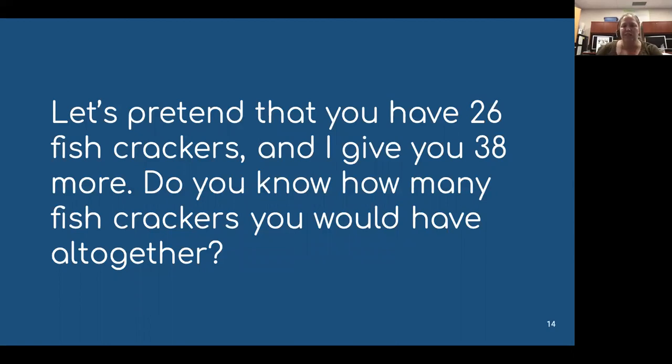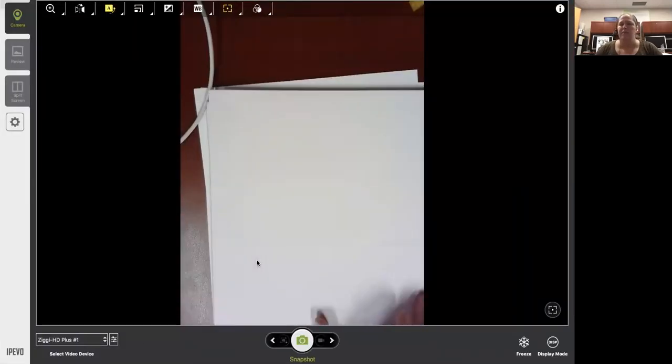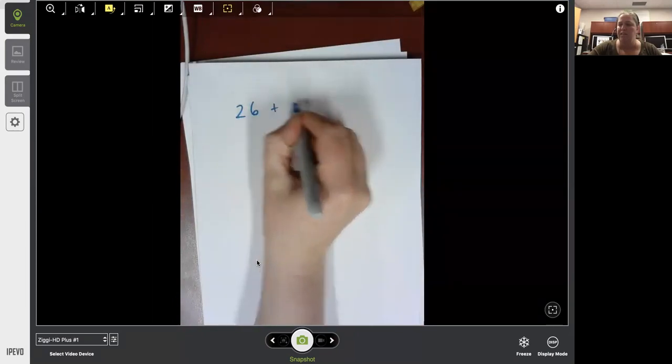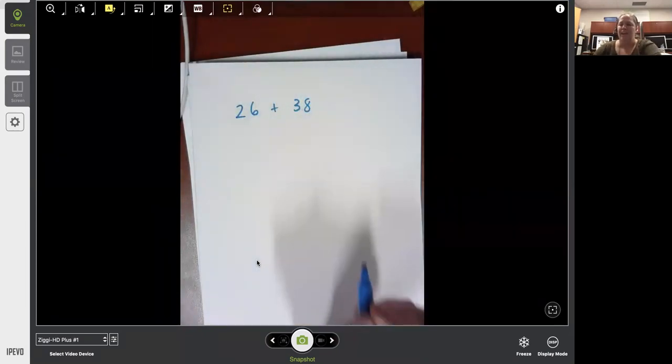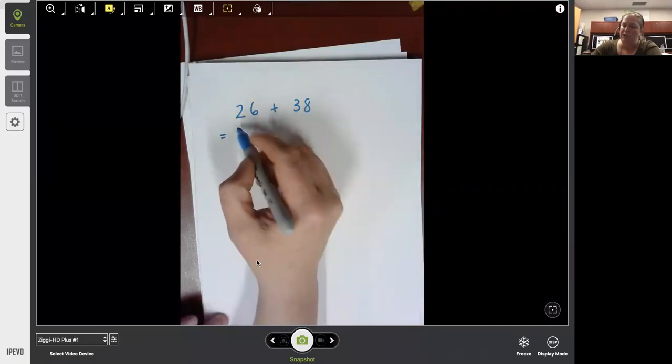And so students might think about this problem as 26 + 38, and they might think about 20 + 30.